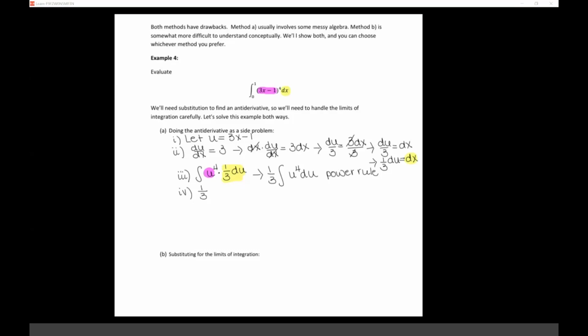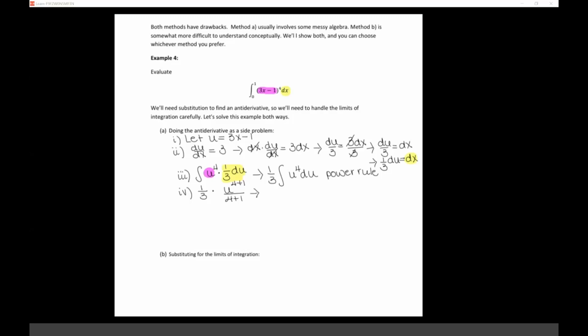That is basically take my exponent, add 1, and put it over the new exponent. I'm not going to use plus c because I'm going to need to evaluate it at limits, and I don't need the plus c when I've got a definite integral.